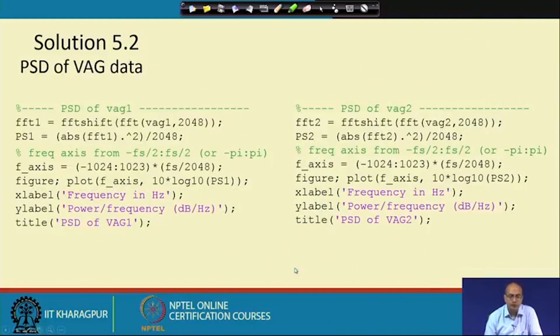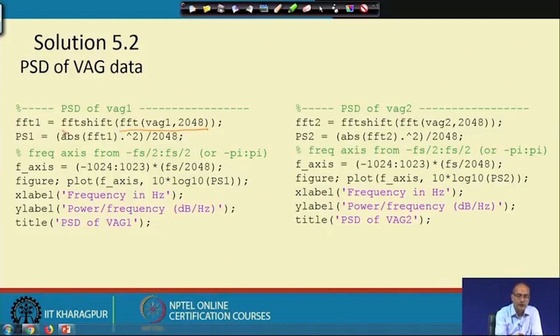So, now let us see how we would compute the PSD. We have already seen that in the previous example, we are repeating the same thing, so we would move fast in this case. What we do, first we take the 2048-point FFT of the signal.